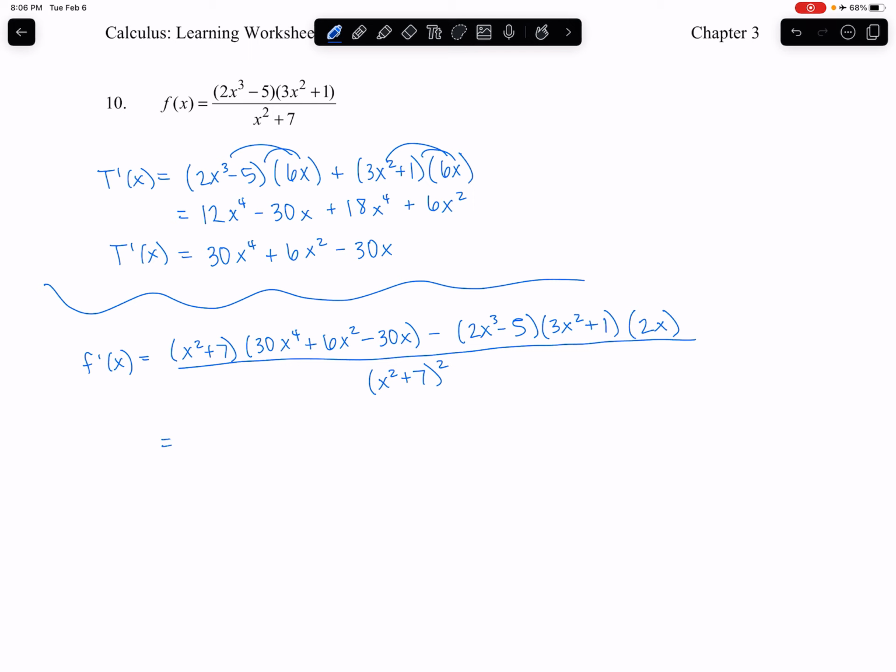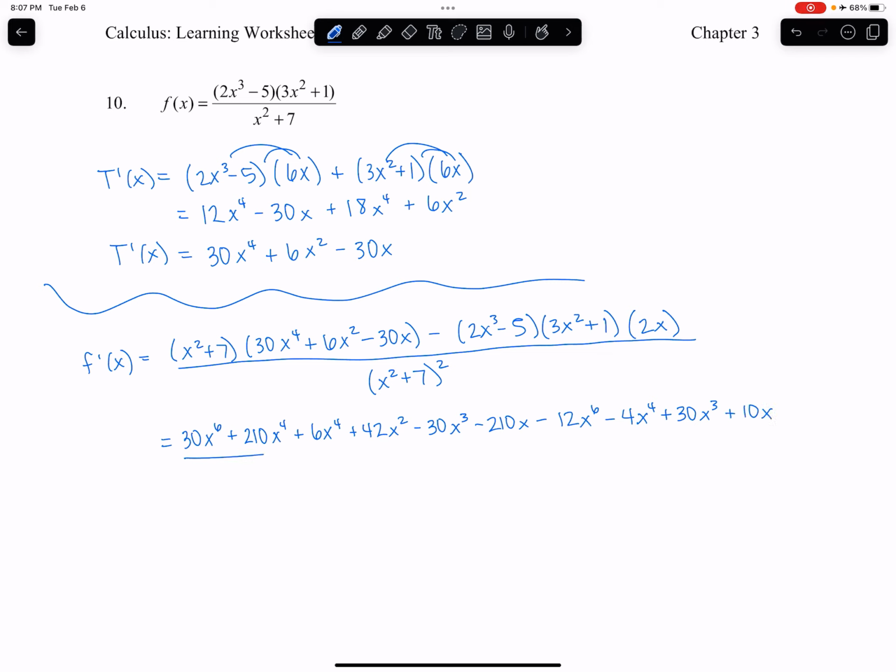This should give us 30x to the 6 plus 210x to the 4th plus 6x to the 4th plus 42x squared minus 30x cubed minus 210x minus 12x to the 6th minus 4x to the 4th plus 30x cubed plus 10x, still over x squared plus 7 squared.